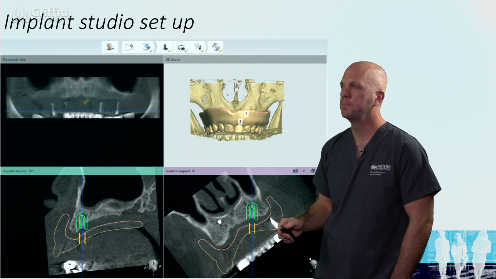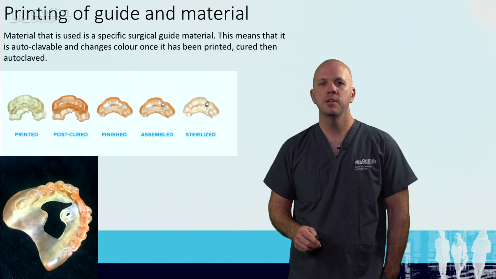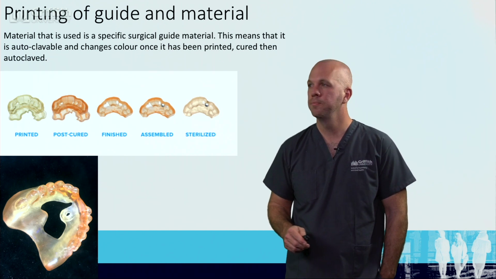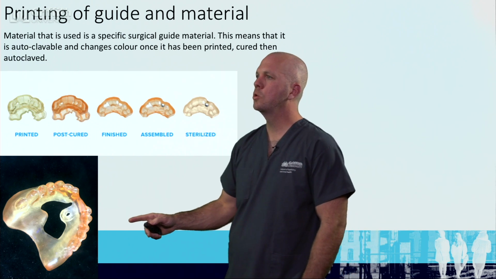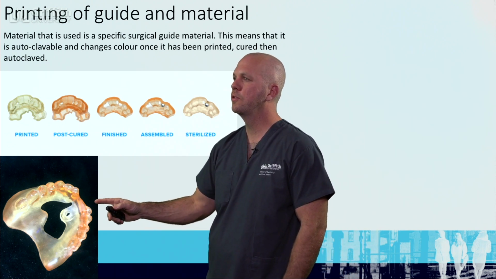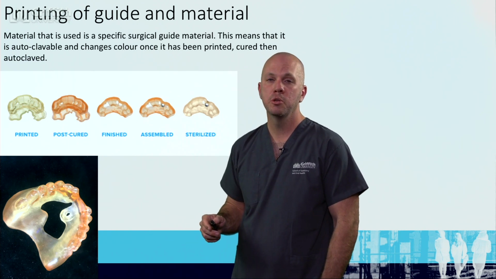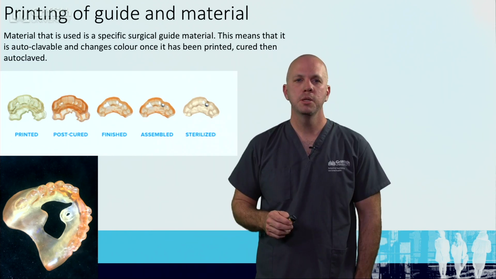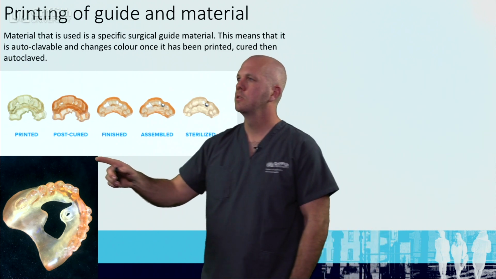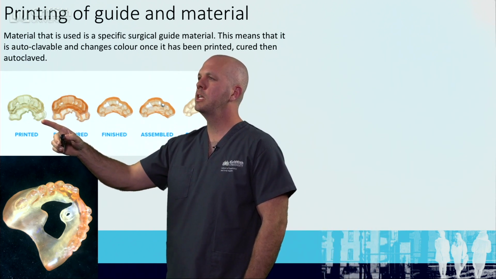We can see on this slide a printed guide. This is post-cutting all the strengtheners off from building, and this is in a very specific material that's used for surgery. Once this material is printed, we can see it looks this sort of greeny colour.